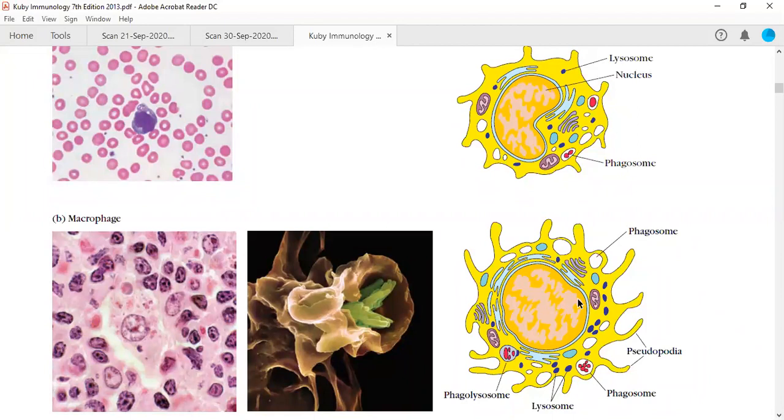Not only this, they also help in tissue healing and repair of tissue damage. So actually they have multiple functions, but from the viewpoint of immunology or immune responses, their main function is phagocytosis. Because of their large size, they can easily engulf the bacteria, as you can see in this particular diagram.